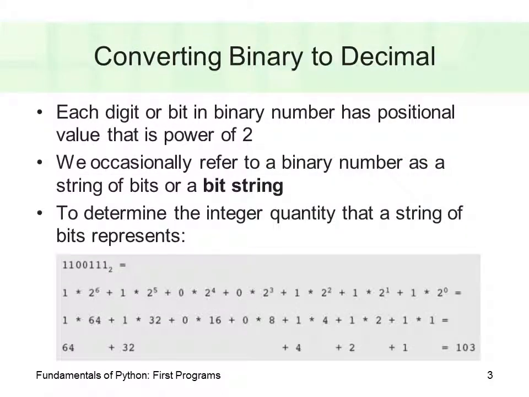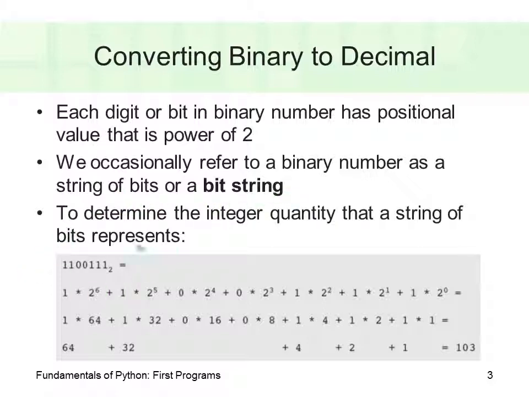So let's look at this idea of converting binary to decimal. Each digit or bit in a binary number has a positional value that's therefore a power of 2. And sometimes you may hear a binary number referred to as a string of bits or a bit string.